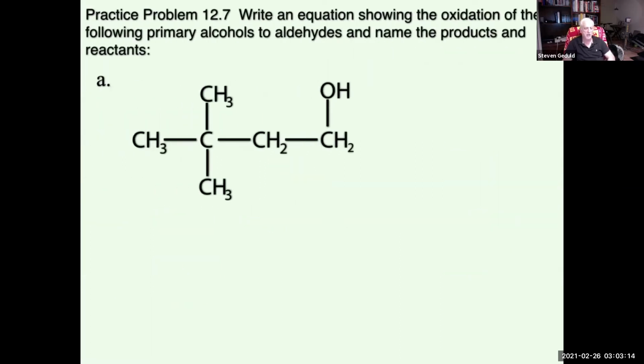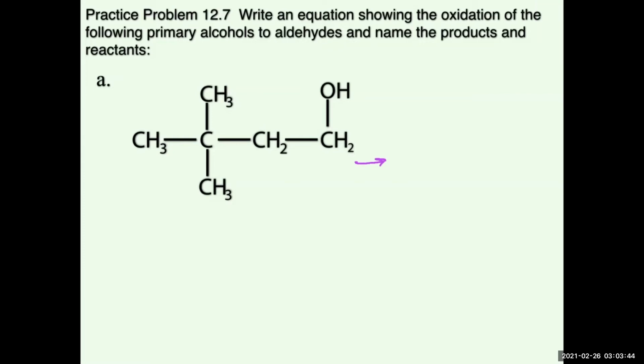Okay, write an equation of the oxidation of the following primary alcohols to aldehydes and name the products and reactants. All right, so here's what we got. It says to name this thing. Who wants to take a stab at it? No takers? 3,3-dimethylbutanol.